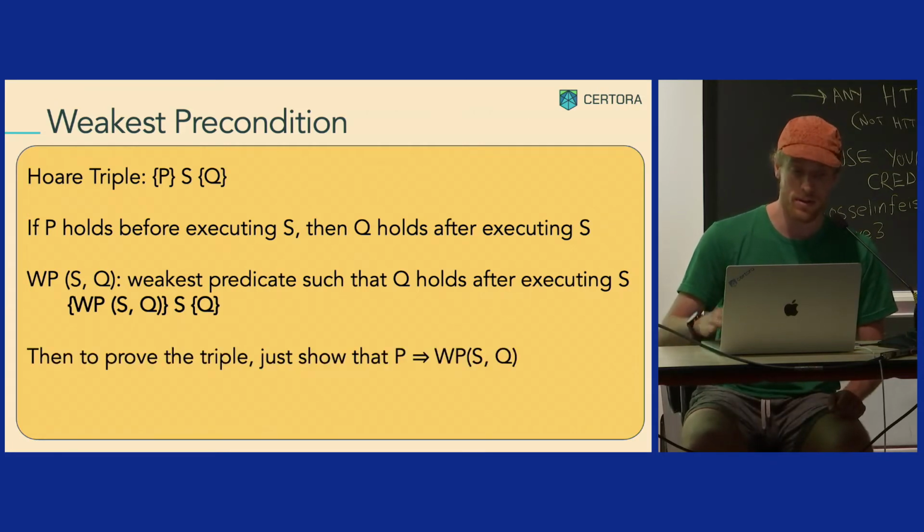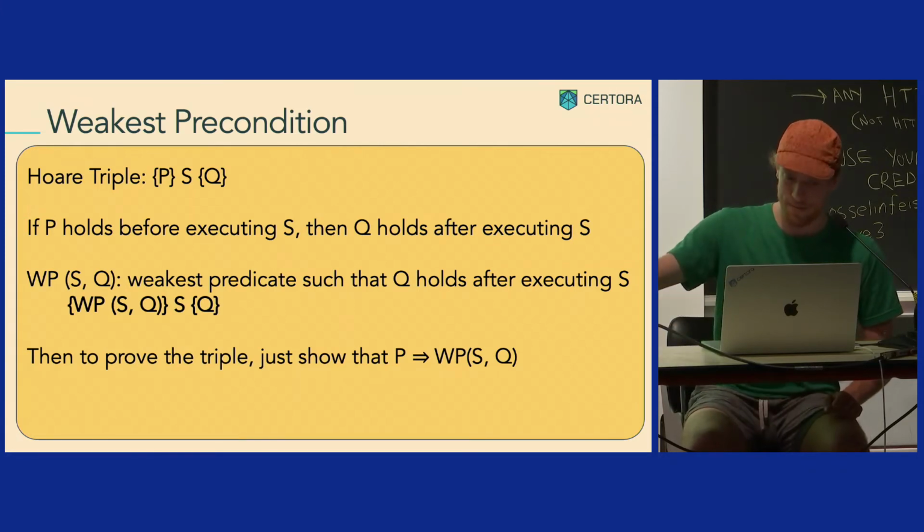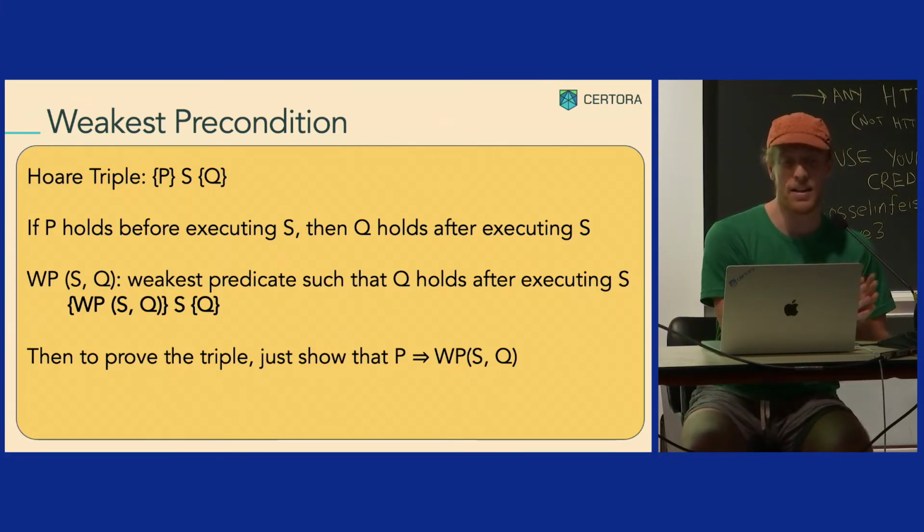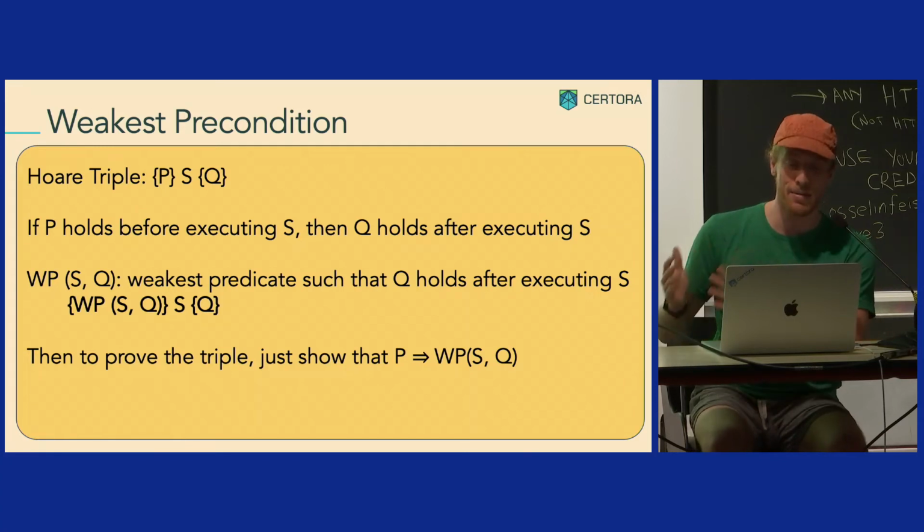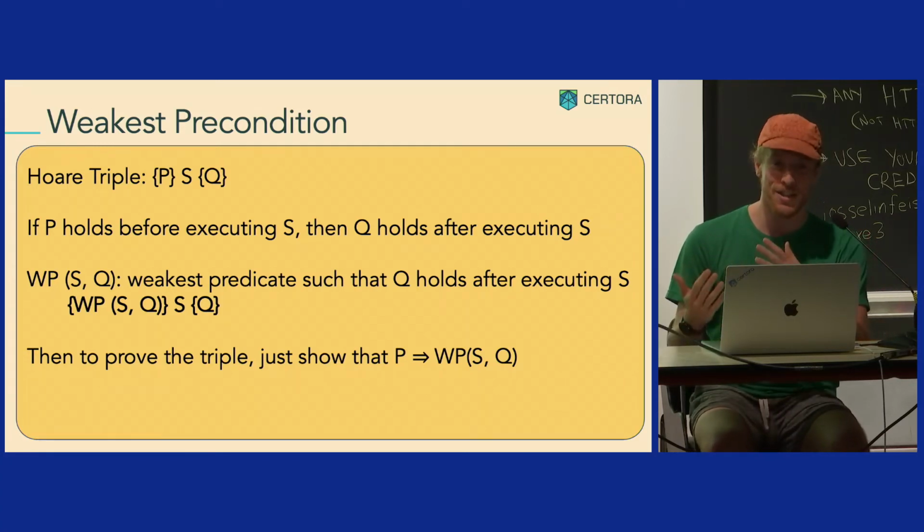And we'll see why that's important. To prove a triple P S Q, you can just show that P implies the weakest precondition of those.